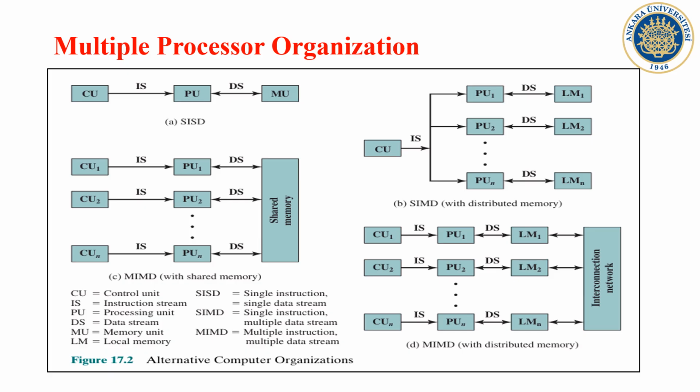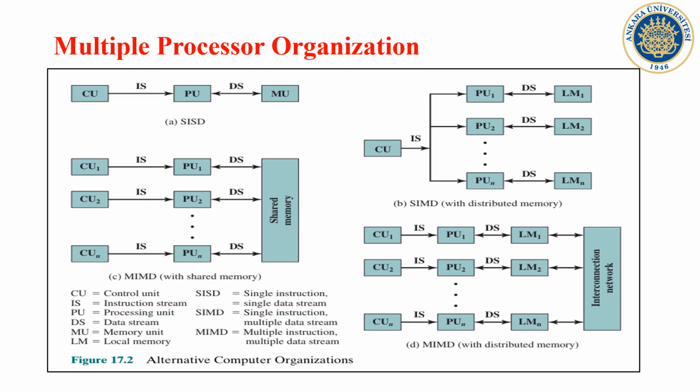Next, SIMD. In this organization, a single control unit broadcasts the same instruction to multiple processing units. Each processor works on different data at the same time. This model is widely used in applications such as image processing, graphics, and machine learning. Finally, we see the MIMD system.